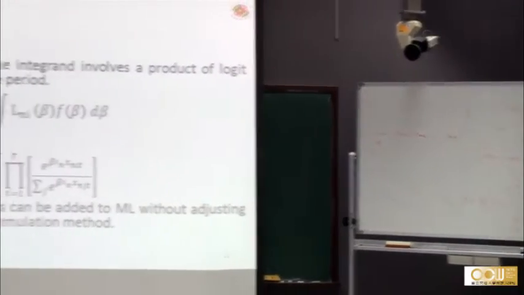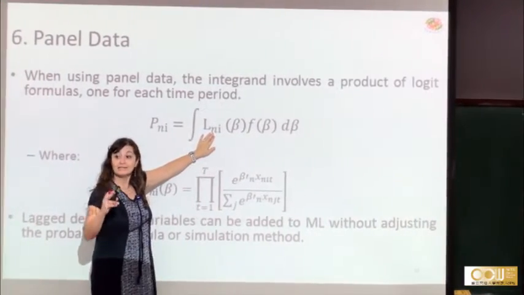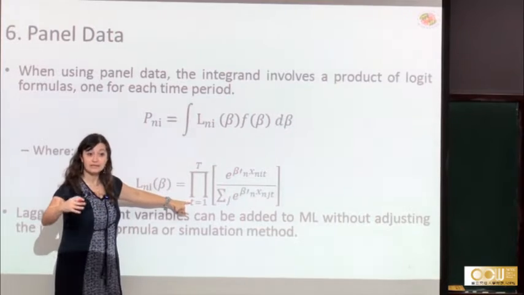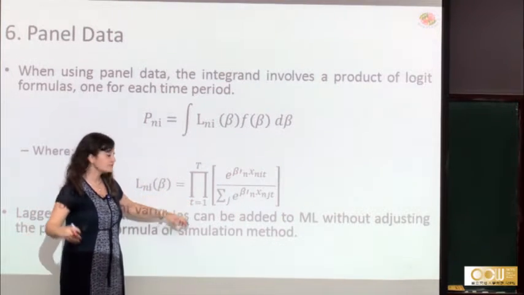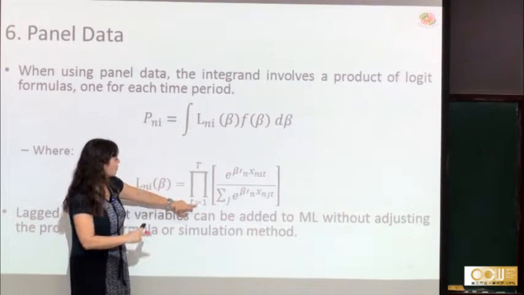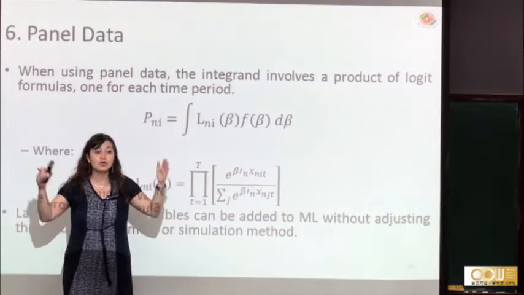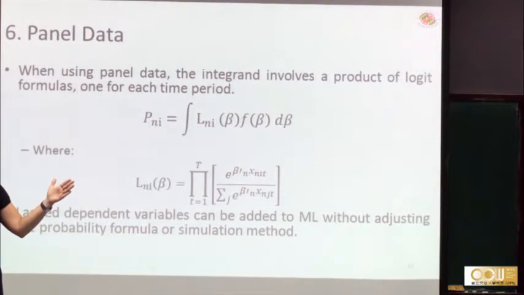So the only difference is that instead of calculating this probability once at a time, under this integral, you have a product of choice probabilities over the entire time period, right? So you see, from t going to 1 to T. These are all the choices observed. So you want to calculate the probability of observing the entire sequence, right?